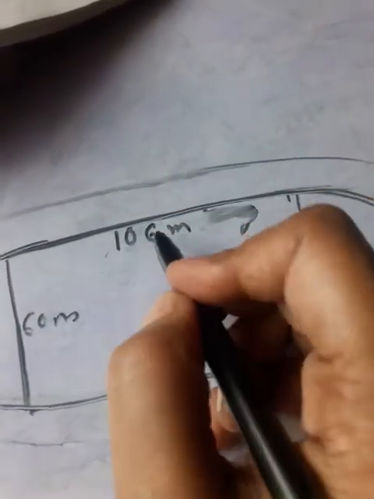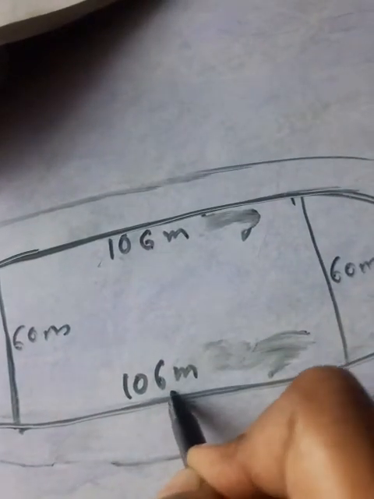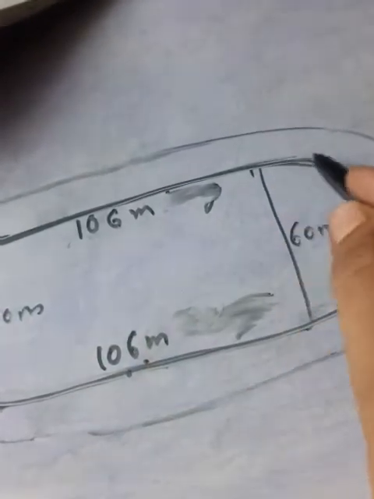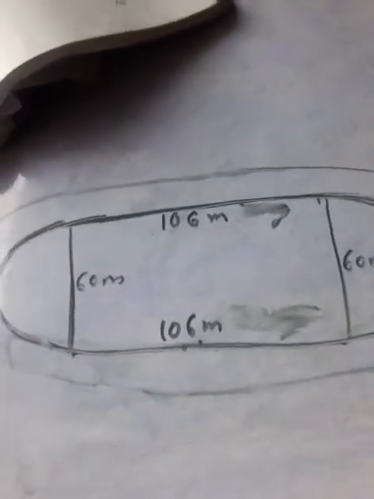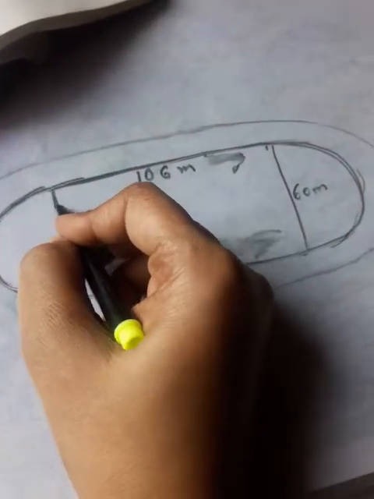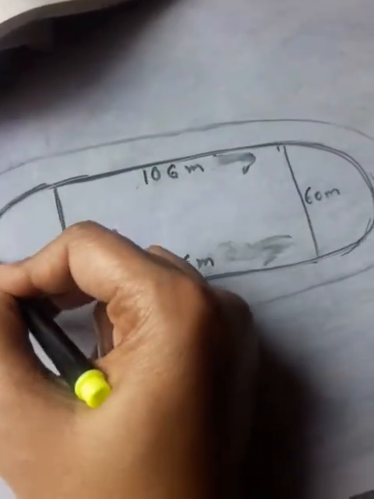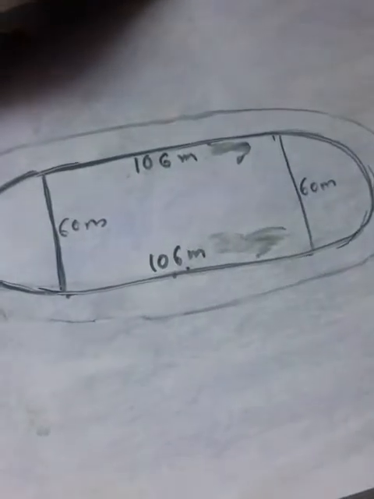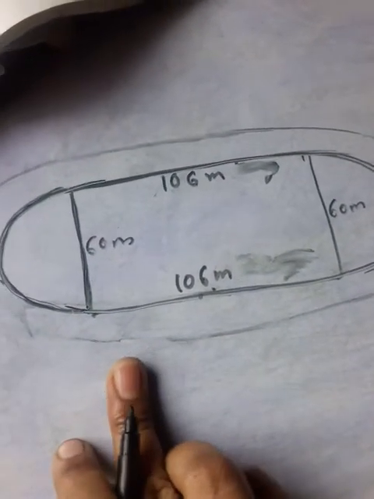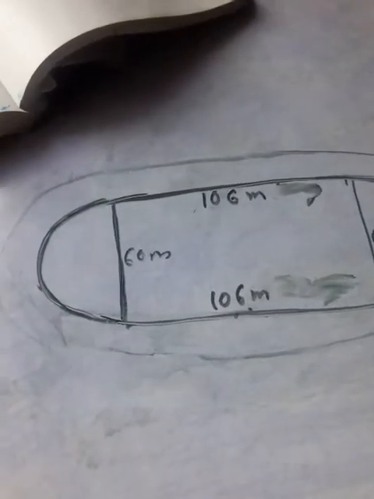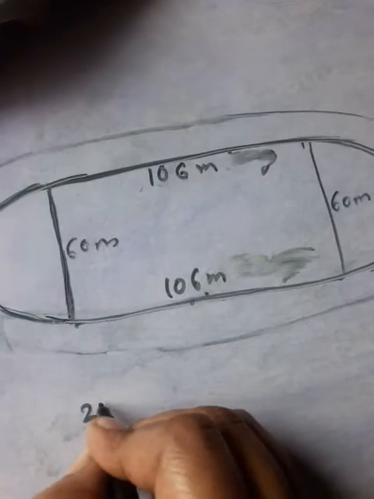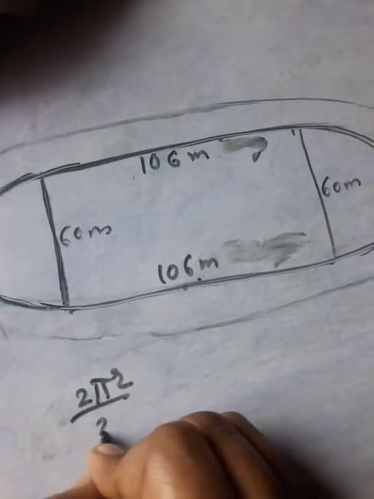So the inner edge means 106 plus 106, and the circumference of these two semicircles, or you can directly take the circumference of one circle. I am taking firstly the circumference of one semicircle, then multiplying by 2. The circumference is 2 pi r by 2.